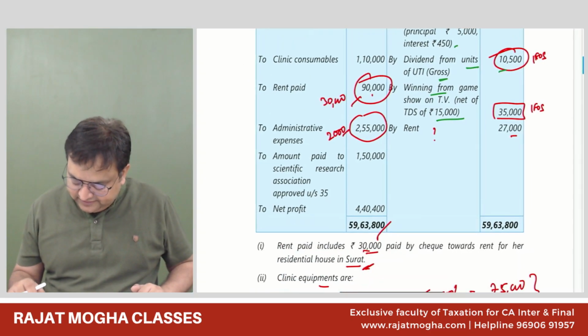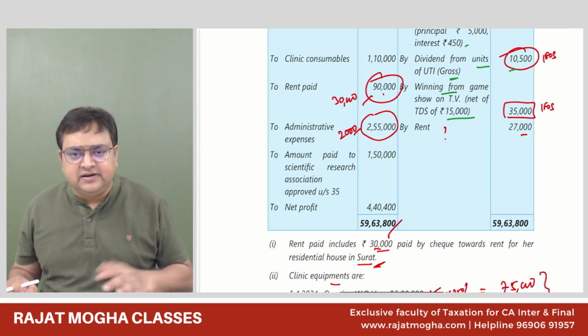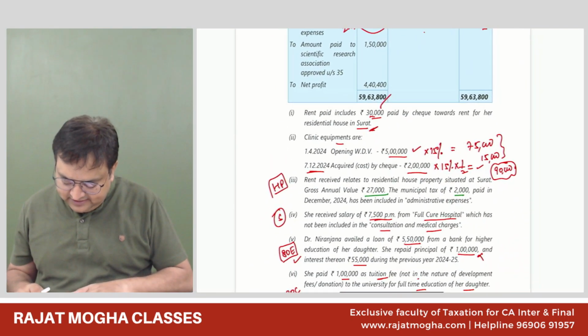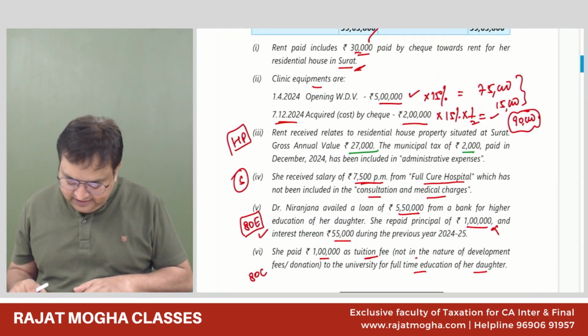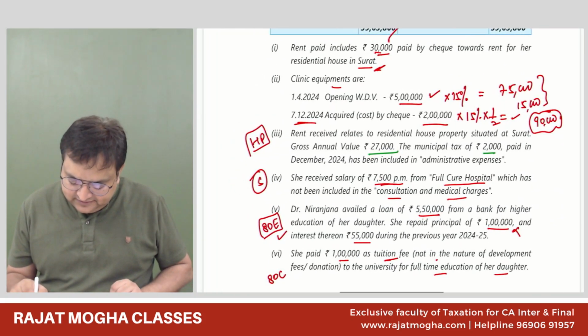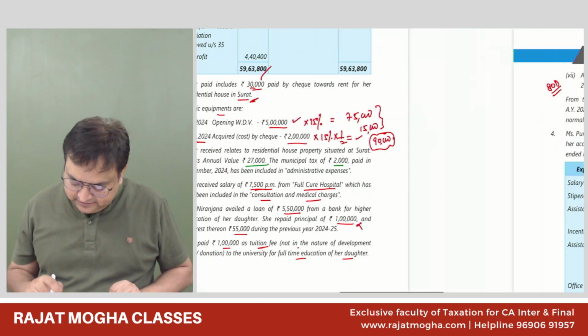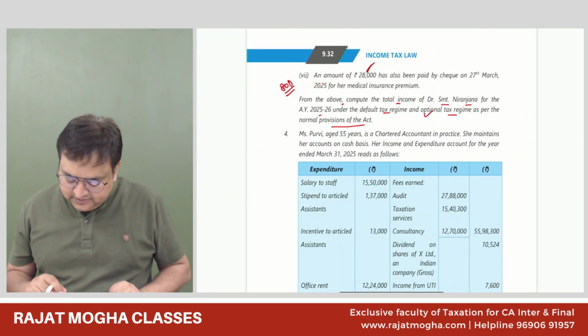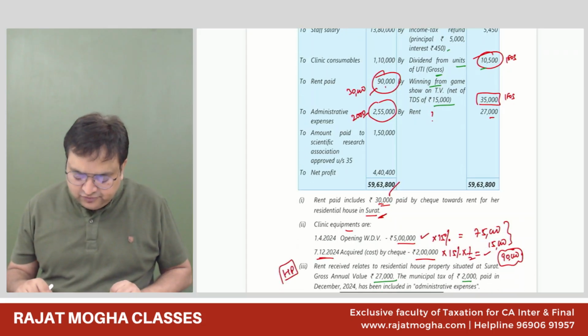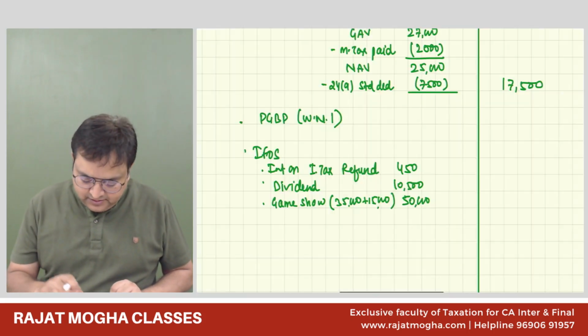So this is mainly your income of IFOS. Rent is not IFOS here; they have already mentioned that it's for the house. Just see if there is any IFOS anywhere else in the information. This is rent paid, this is depreciation, this is rent received, this is salary, this is interest on loan, tuition fees, and this is medical insurance premium. So there is no other IFOS income.